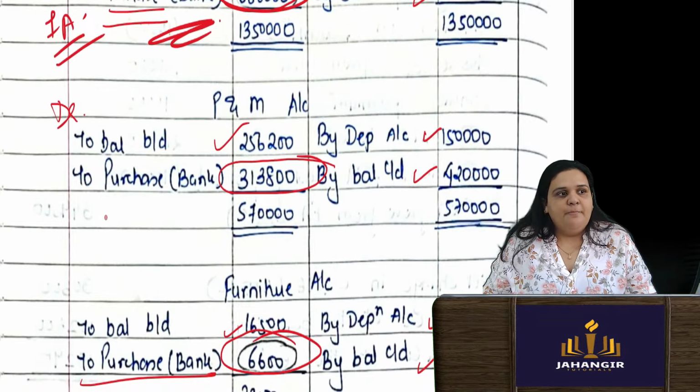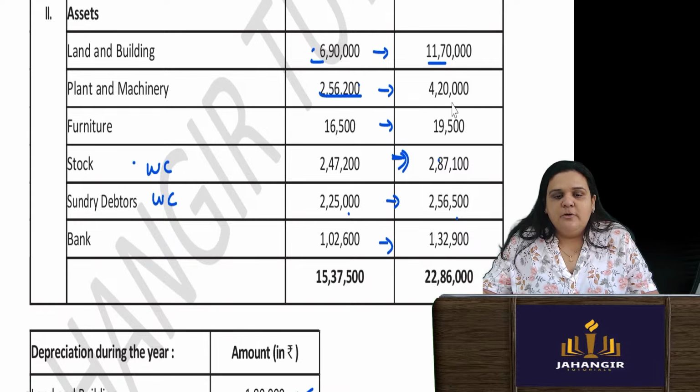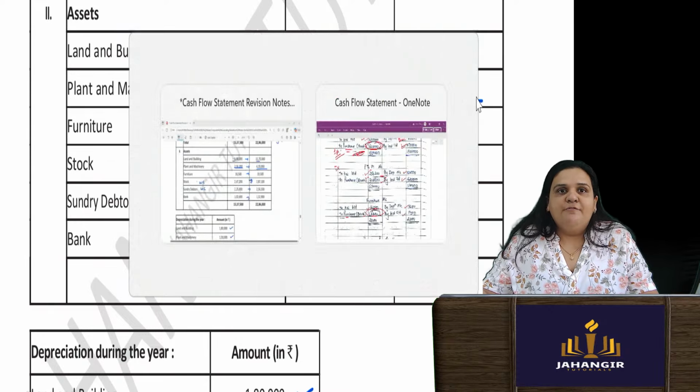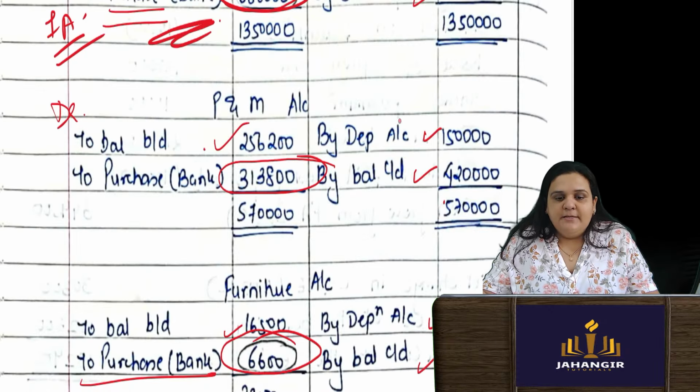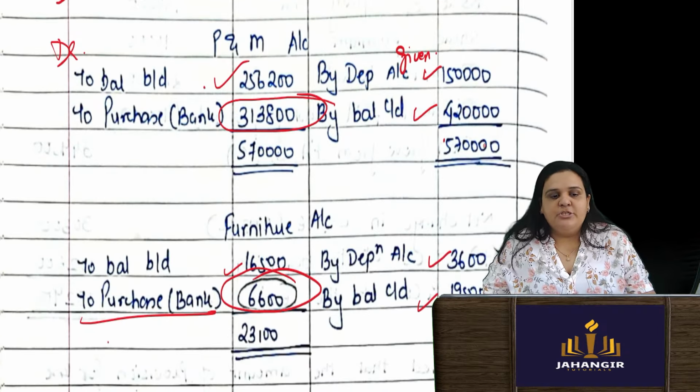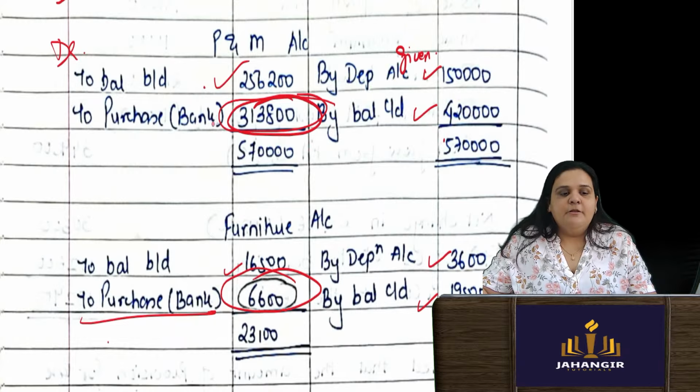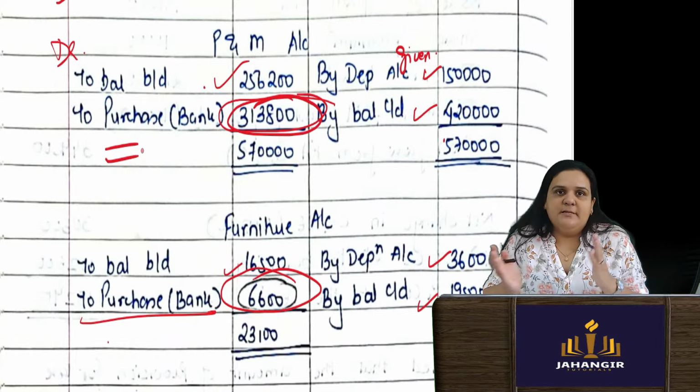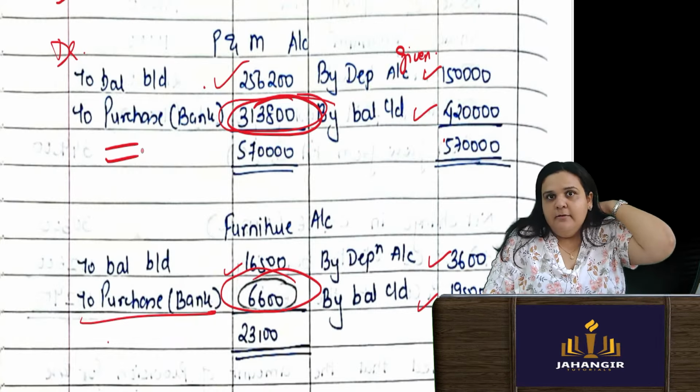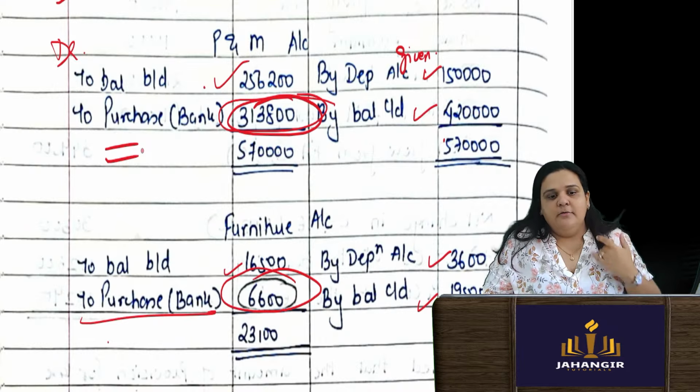Same thing I'll do for plant and machinery. They have given me the opening and closing balance, 2,56,200 and 4,20,000. Depreciation is also given to me. I'll just put the depreciation in my plant and machinery. The balancing figure will be my purchase. Obviously, if it is appearing on the debit side, the credit side is more than your debit.